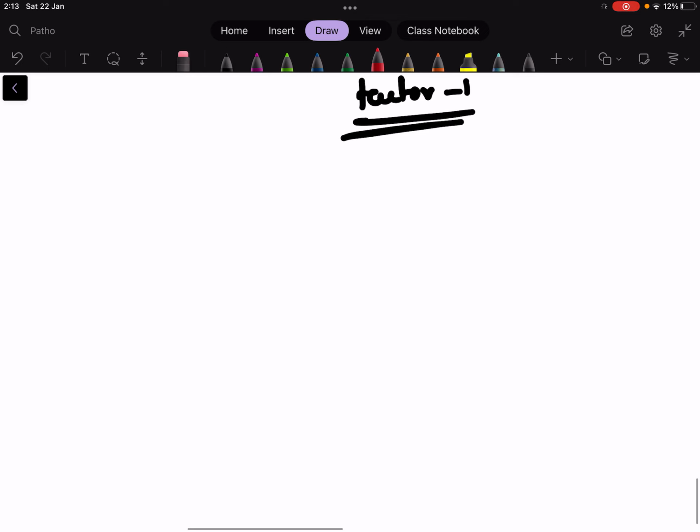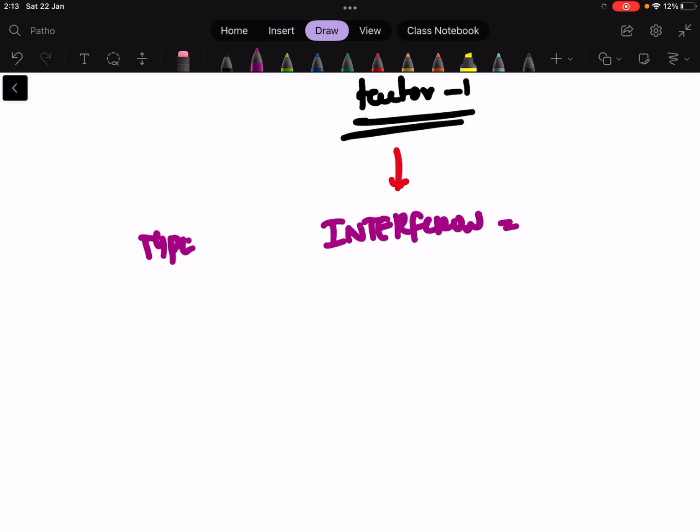The function of interferon regulatory factor 1 is to synthesize the type 1 interferons.